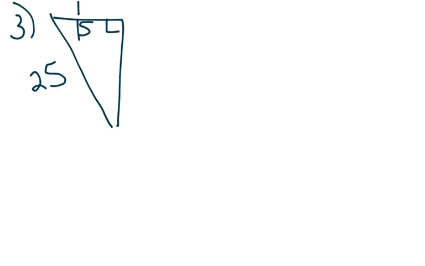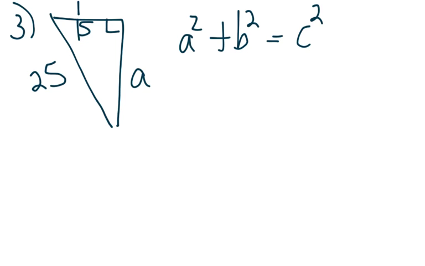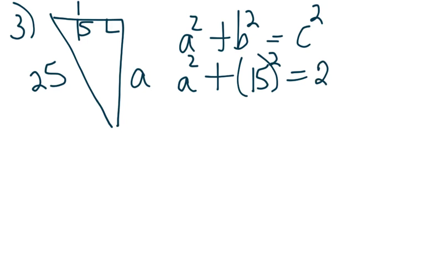Finally, I got it to write. So we'll have a squared plus b squared equals c squared. Okay, we don't know a, so we have to leave it. So the b must be the 15, because that's the other leg that forms the right angle, and then c is 25.